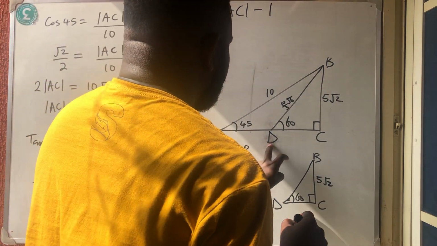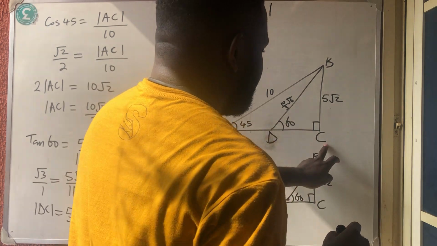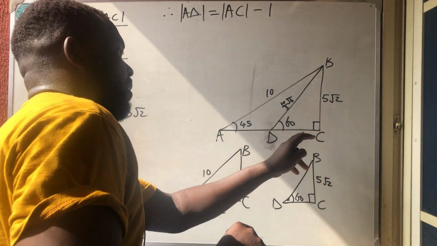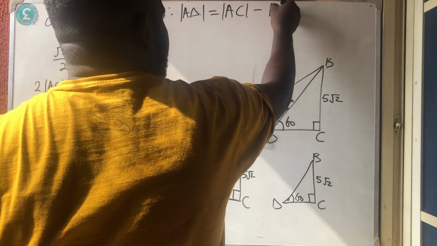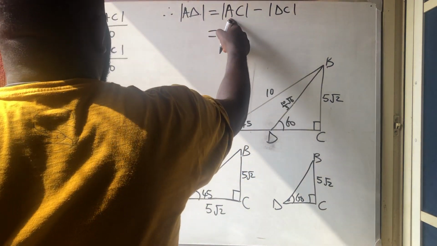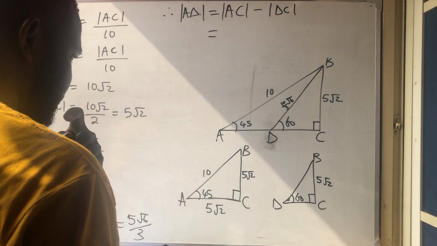So line AD is equal to line AC, the bigger one, minus line DC, the smaller one. So which is equal to what? Line AC gave us, where is line AC?